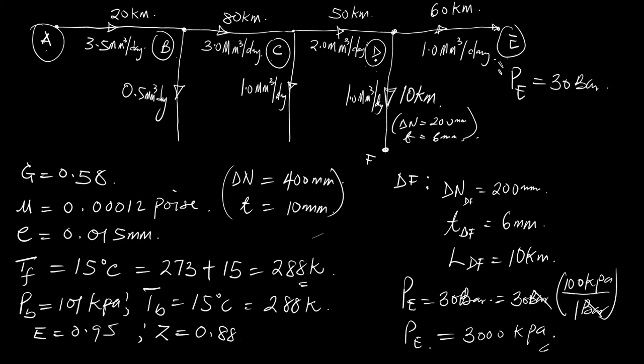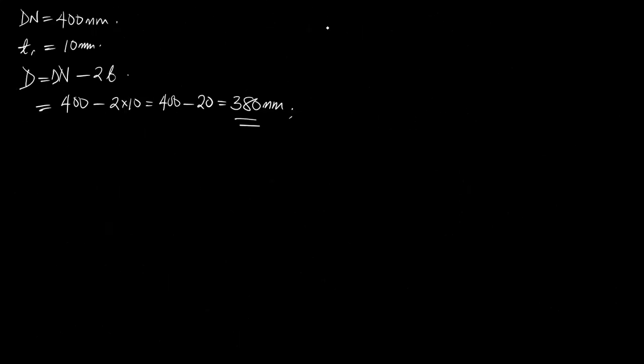We're looking for the upstream pressure, which is D. Now we know the length, which is 60 kilometers. We know the flow rate, which is 1. Now let's go back. Now let's make use of the Panhandle B equation.